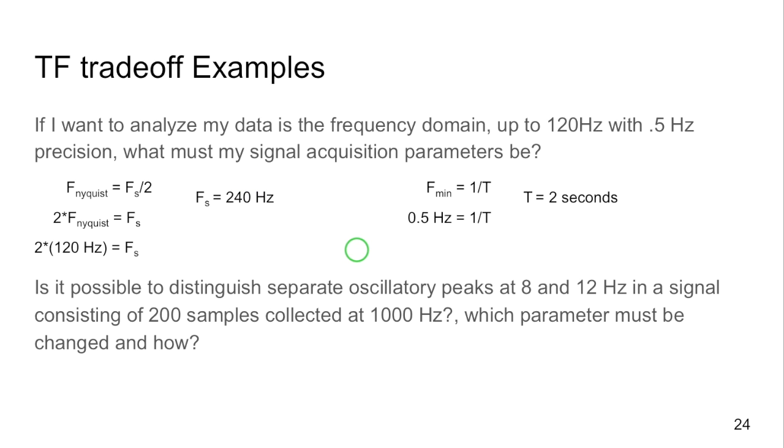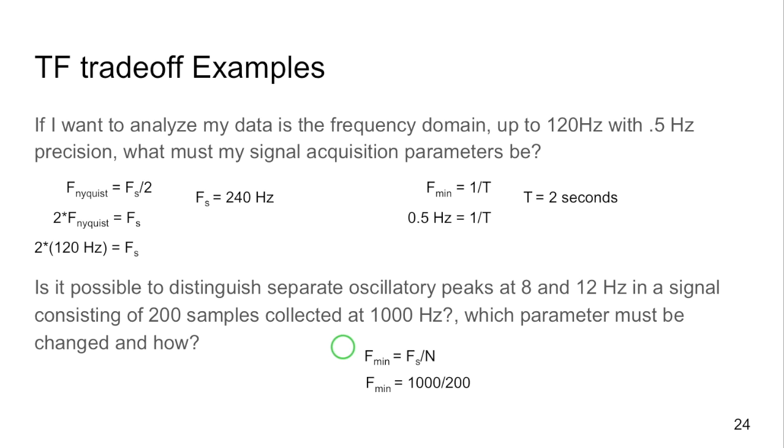Second exercise. Is it possible to distinguish separate oscillatory peaks at 8 and 12 hertz in a signal consisting of 200 samples collected at 1,000 hertz? What parameter must be changed and how? Well, my fmin is equal to my sampling rate over my total number of samples.